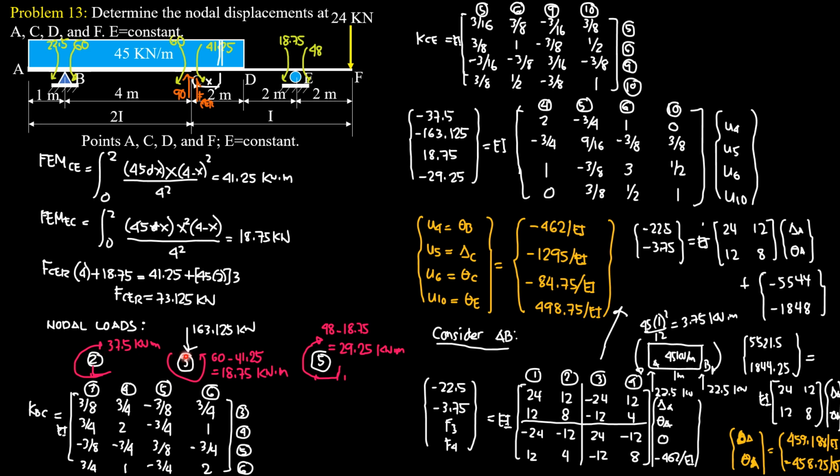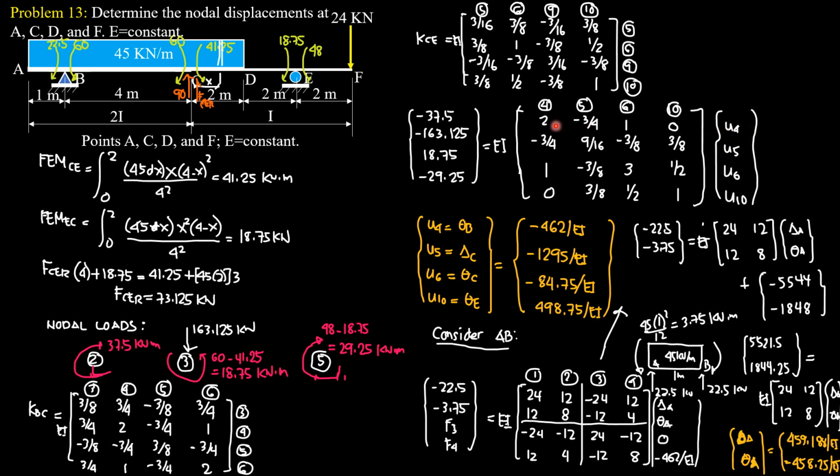Then at node 3, which is 5, negative 163.125, and the moment, which is counterclockwise, positive 18.75. And finally, at node 5, which is 10, the nodal load is 29.25 kilonewton meter clockwise, and that's negative here.